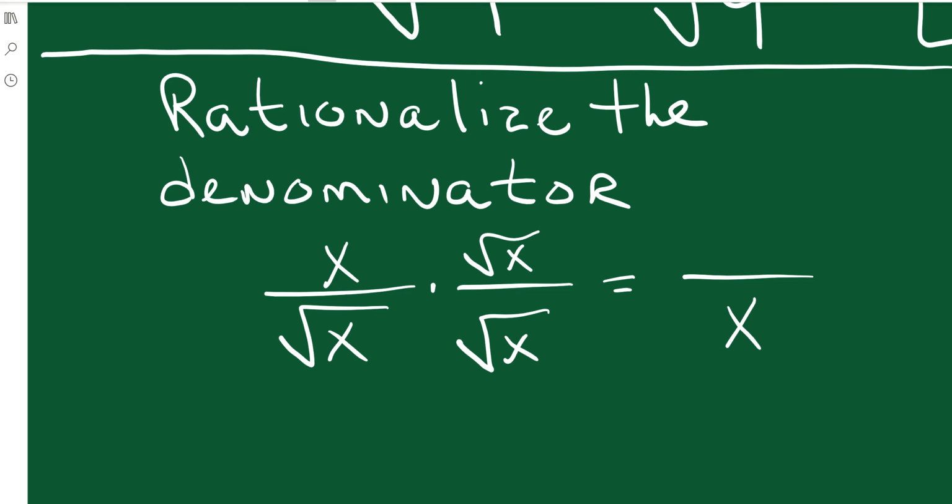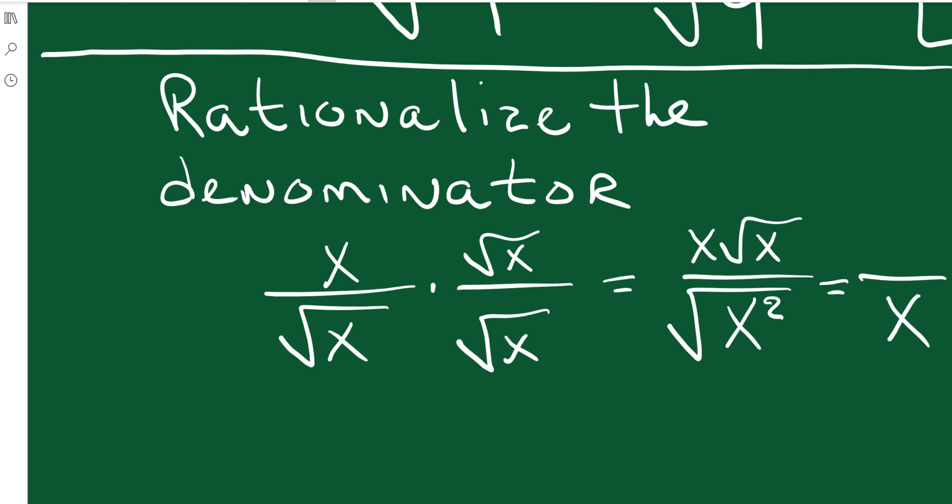So that would be like saying this is really the square root of x squared. x times x is x squared. And then my numerator is just x times the square root of x. All right, what's the square root of x squared? Well, it's x. And then my top would be x square root of x.